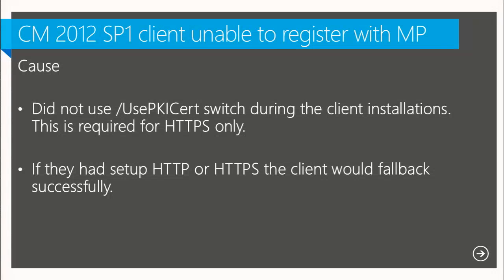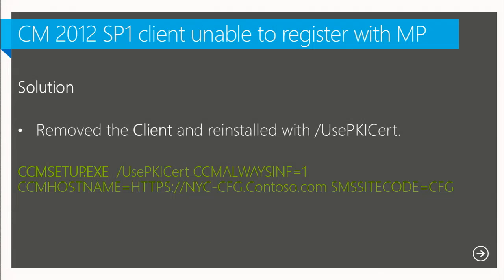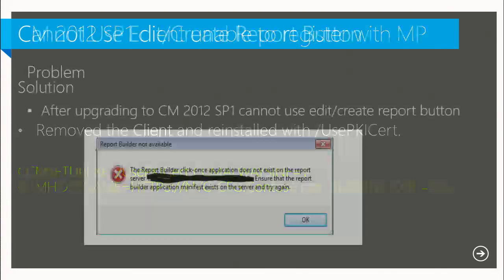It would have switched back to that, but they were using PKI. You understand what I'm saying? But if you use just HTTPS and you don't set that switch, the client by default will use port 80. So that's very critical. So re-push the client, reinstall with that switch, and you can also put it in the properties of your site if you do it that way, and that's another option.